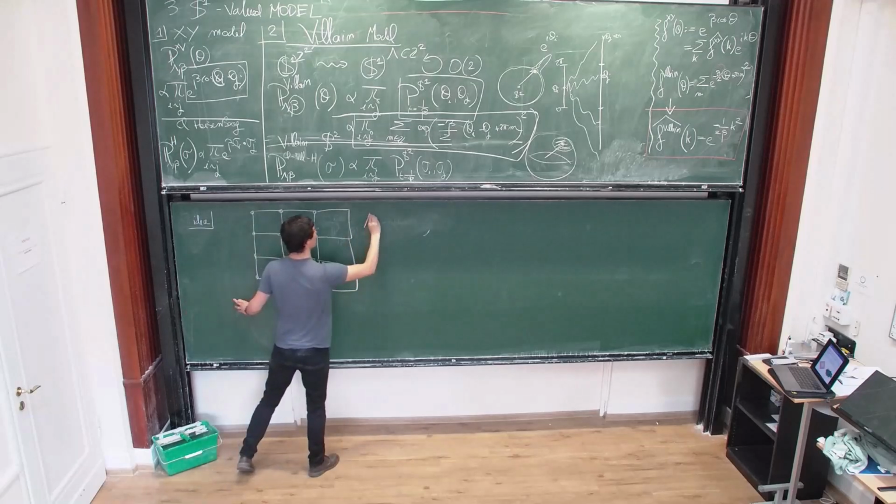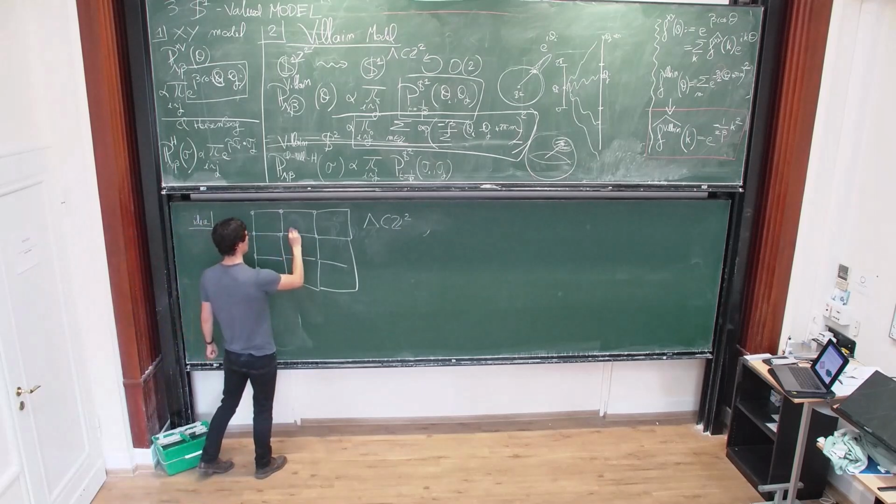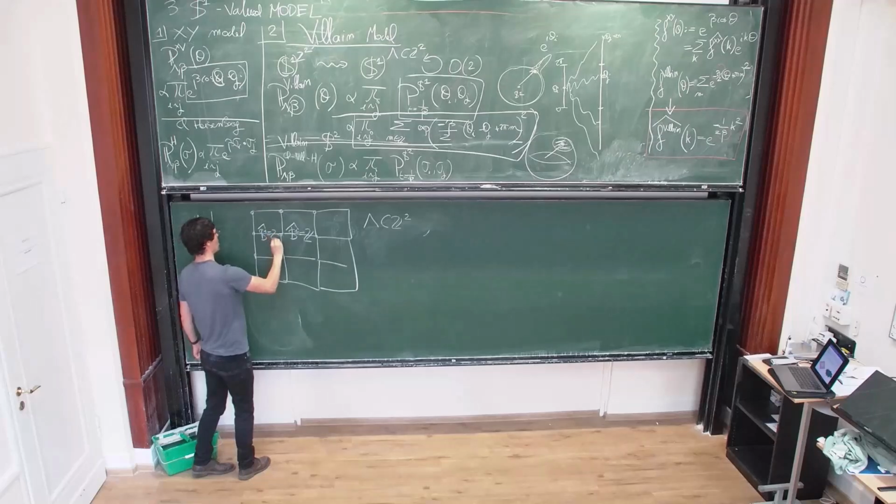So this is my finite box inside Z2. And along each edge which carries the interaction, I want to use the fact that the Fourier dual of S1 is Z. And I want to use it everywhere.